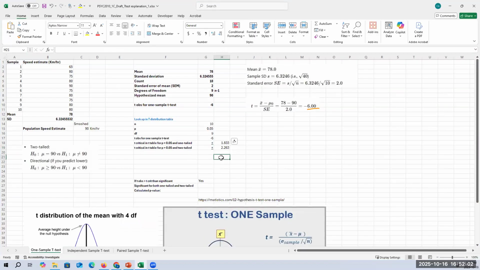And you can get that value from there. So that's how it explains in terms of the negative 6.00 and then how far it is. And we get these two values from the t distribution table.